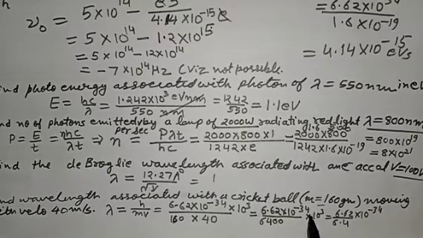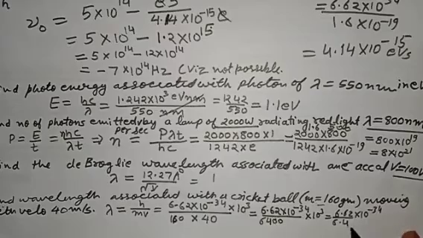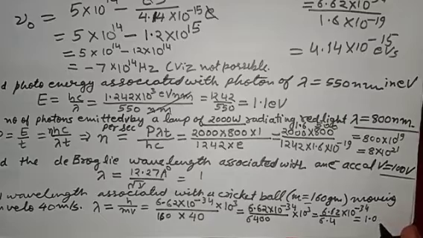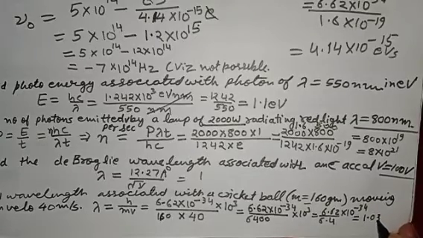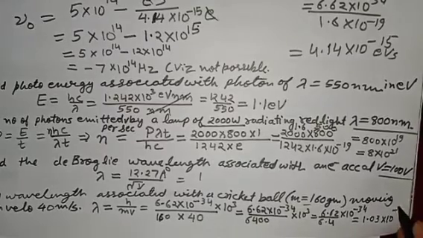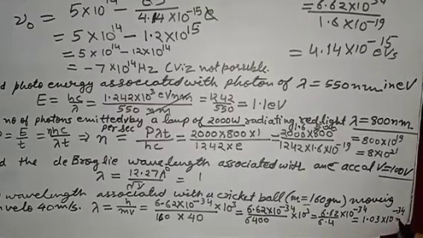I hope you people could understand this. I have skipped one step here. I have written 6.4 into 10 to the power 3, and there was another 10 to the power 3, they got cancelled. And now if we divide it, it will be 1.03, I guess, into 10 to the power minus 34 meter.